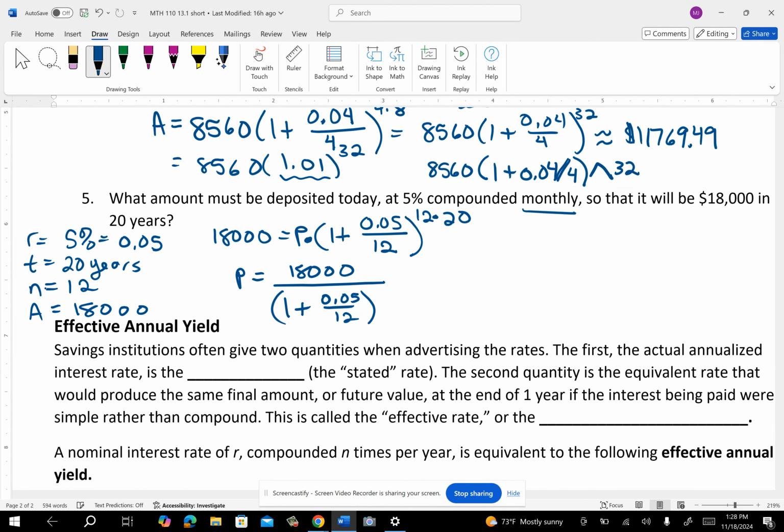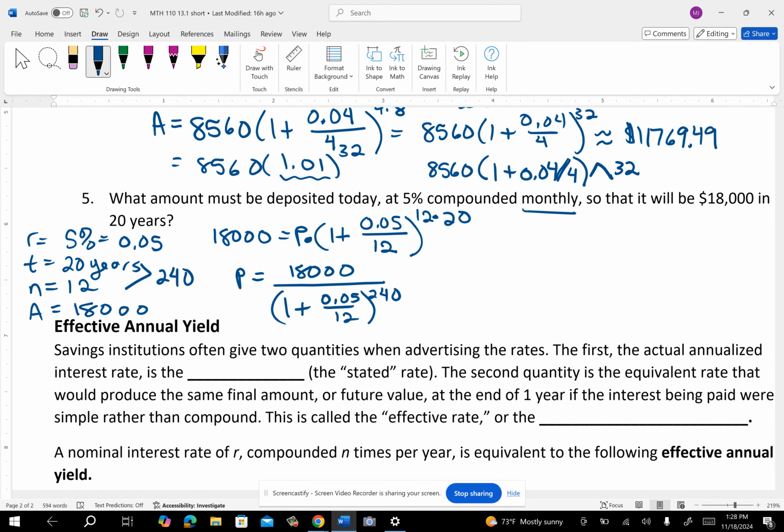And then that 12 times 20, go ahead and work that out. Go ahead and do those two and get that 240. That's how many total compounding periods there are going to be. All right, you'll get it entered more correctly if you were to do that.